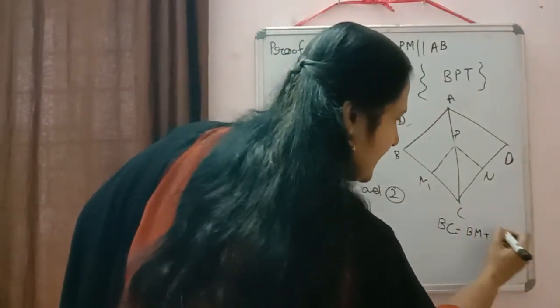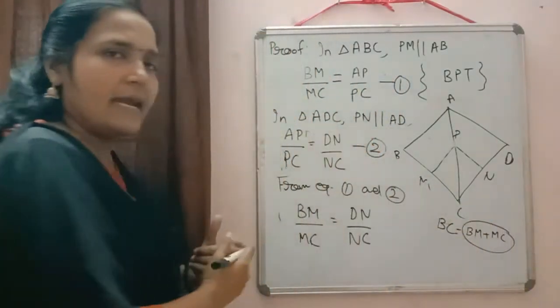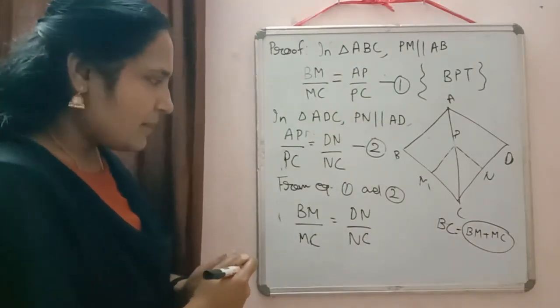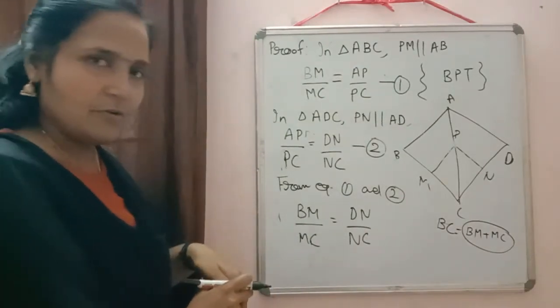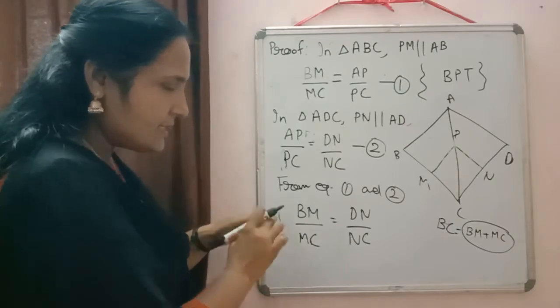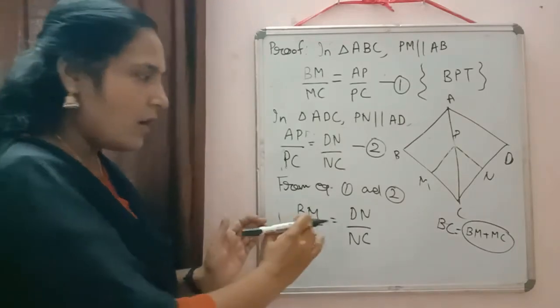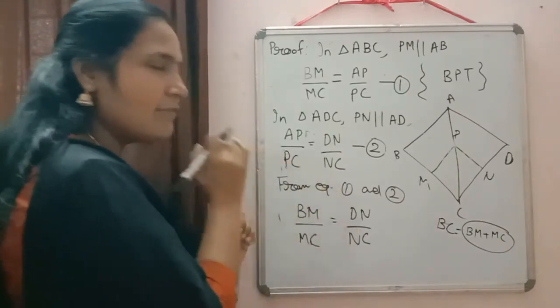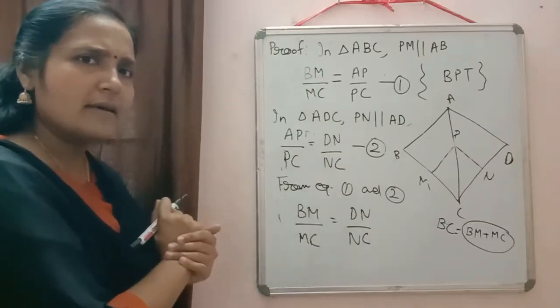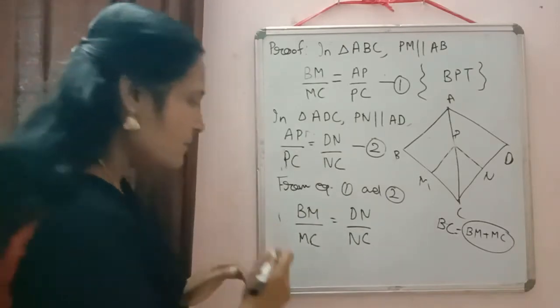If we get BM plus MC, then we can write that is equal to BC. But at present BM we have in the numerator and MC is in the denominator. So how will that plus MC come? What do we have to do for that?